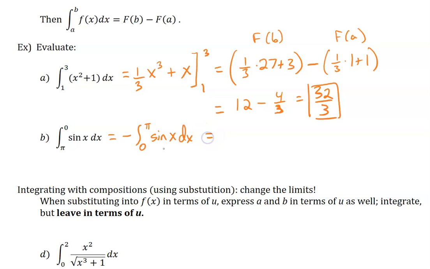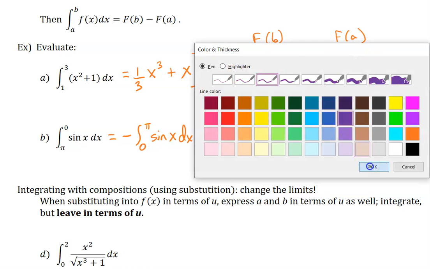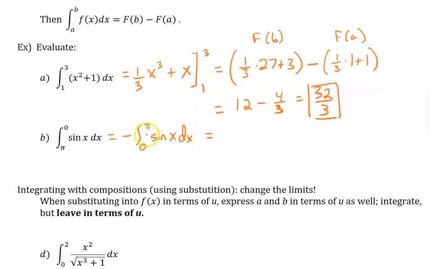Okay, so now the antiderivative of sine, well, the derivative of cosine is negative sine. We actually already have a negative here, so you could move that in, or if you want to think about it in a separate step, we're multiplying by -1 on the inside, -1 on the outside, which makes that a positive.